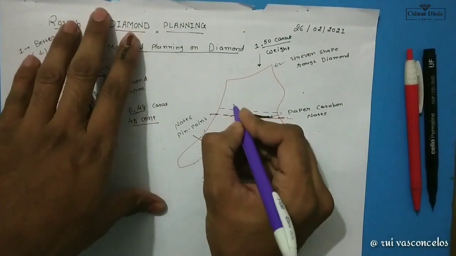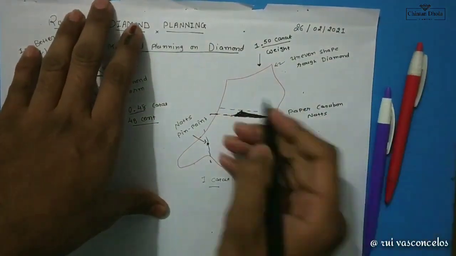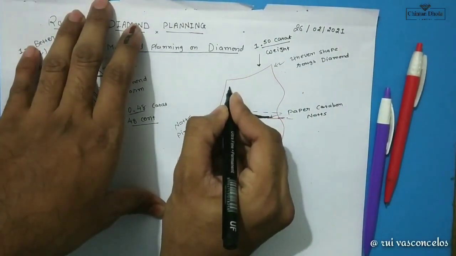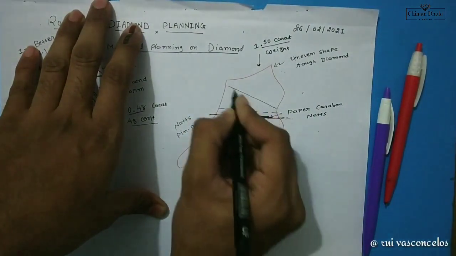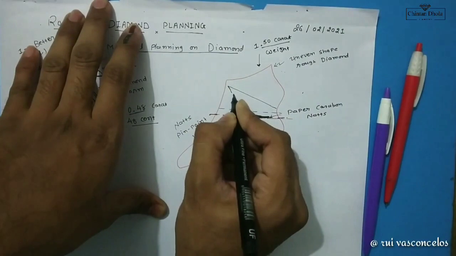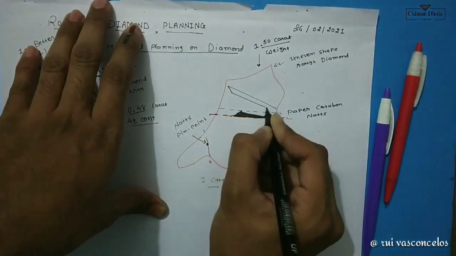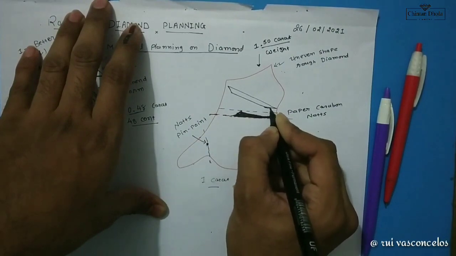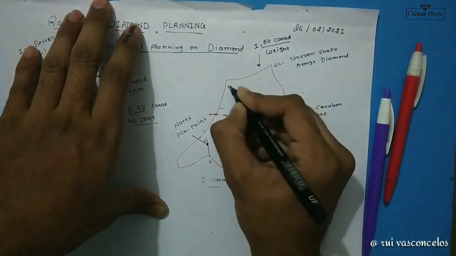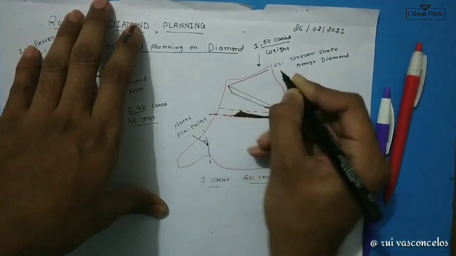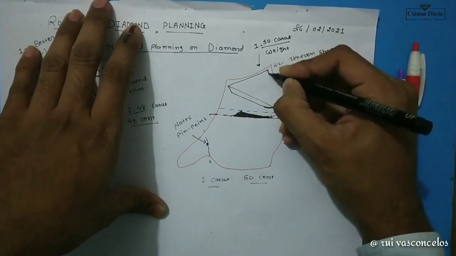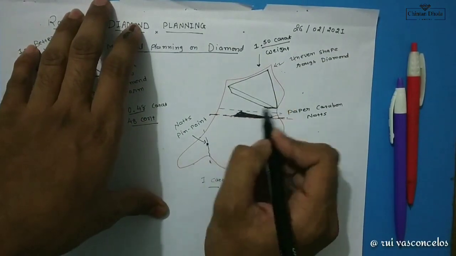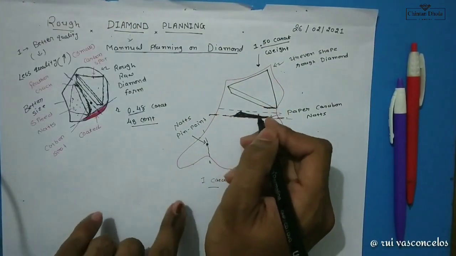Now what happens over here, I will show. Like the diamond is like this. I will just give some example, not 100 percent of diamonds shoot like this, but mostly diamond planning is like this, because here you can get a maximum weightage diamond.